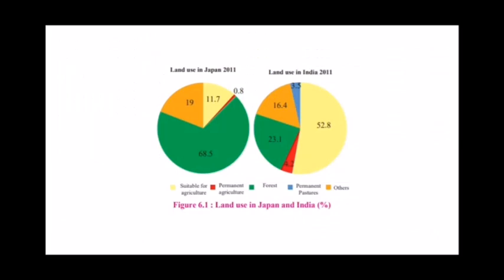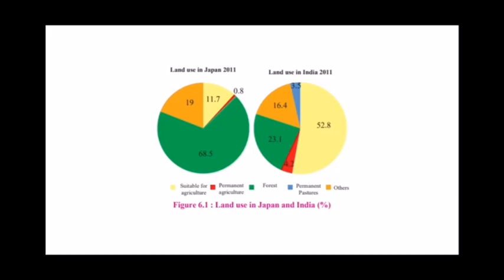Now children, in front of you is a pie chart in which the land use in India and Japan is shown. The yellow color shows land suitable for agriculture.